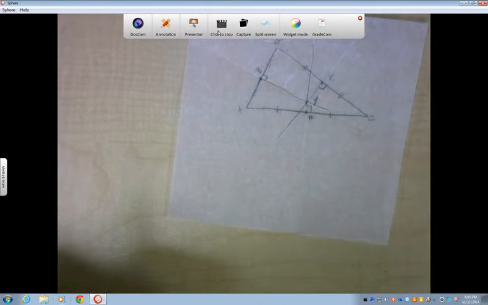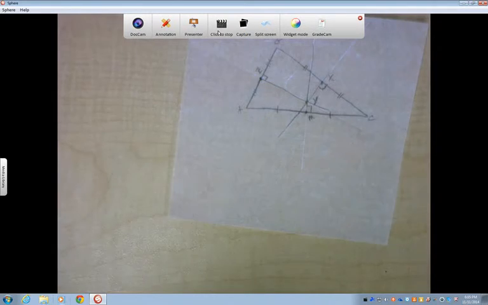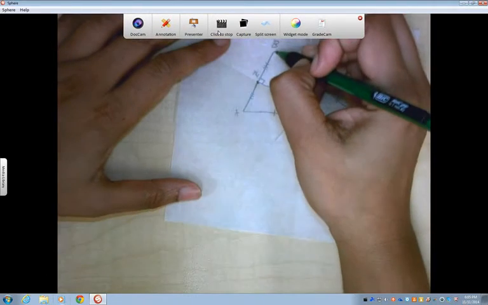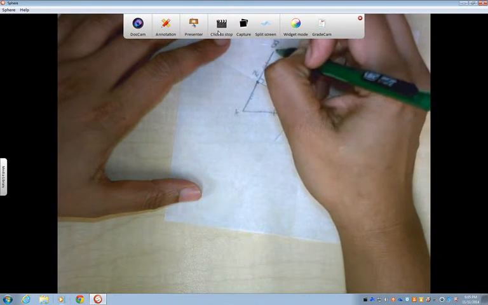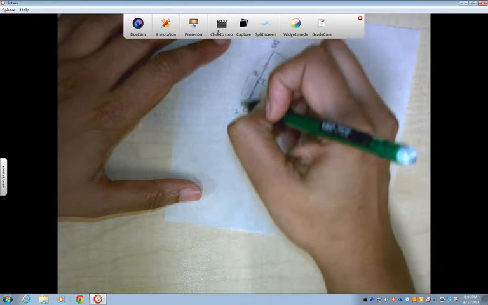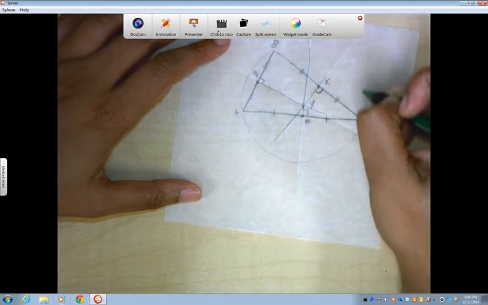The reason why it's called a circumcenter is because when you circumscribe a figure, basically, if I had a compass, I could do this. If I was to put this triangle inside a circle, and I don't know if I'm going to be able to draw this correctly, because it's going to be off, basically like that.